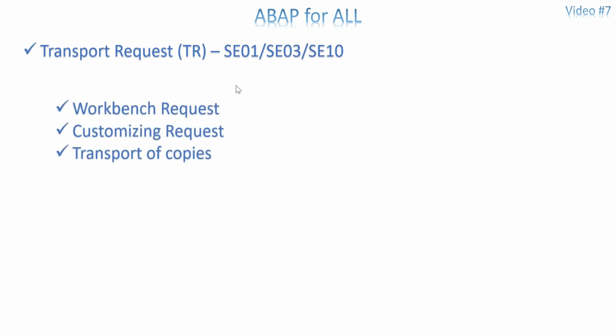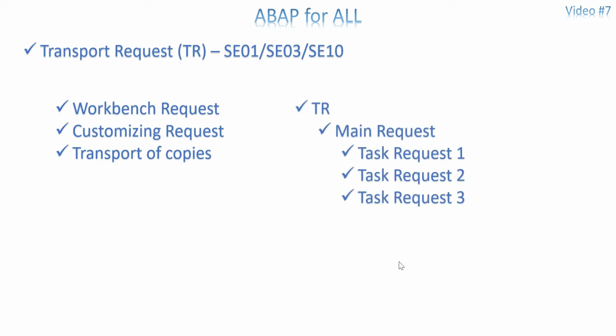Another point. There are three types or three ways of transport request we have: workbench, customizing, and transport of copies. We'll see them one by one. Before that, we'll see how the TR is structured. It's an auto-generated number. Every time you create either workbench or customizing, it will create a transport in this way.